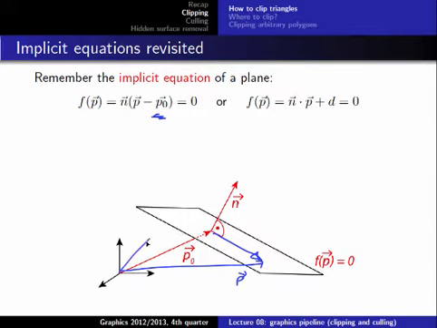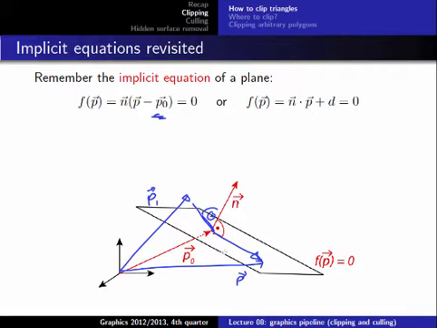If we take another point here, let's call it P1, and put P1 in this equation, we see that the difference vector has an angle theta that is not a right angle, and then of course this will be unequal to 0.